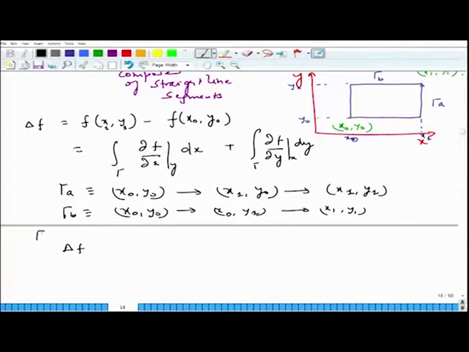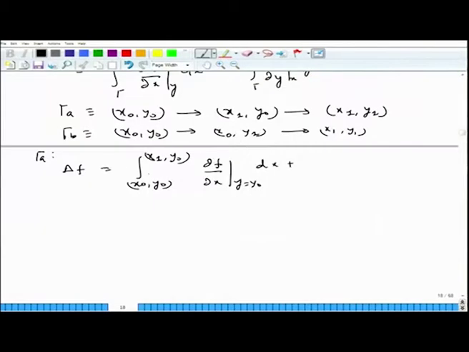Now this is going to be for the gamma A path. Del f by del x: in this case y0 is constant, so this is nothing but y equal to y0, dx, plus, so this is part 1, and similarly you can also integrate del f by del y at fixed x, dy.